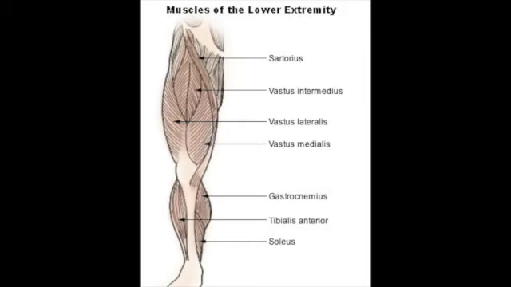Now, vastus medialis is found more on the medial aspect of the femoral shaft, all the way again to the patellar tendon, blending in there to that tibial tuberosity. And then vastus lateralis actually originates at the greater trochanter, up in the high part of the femur.